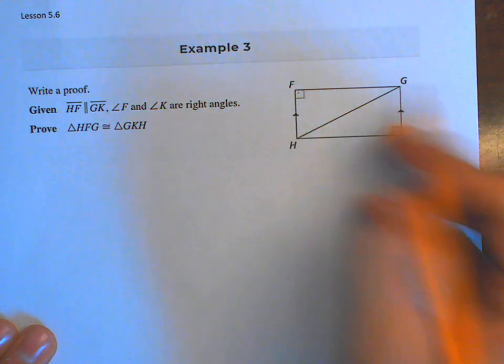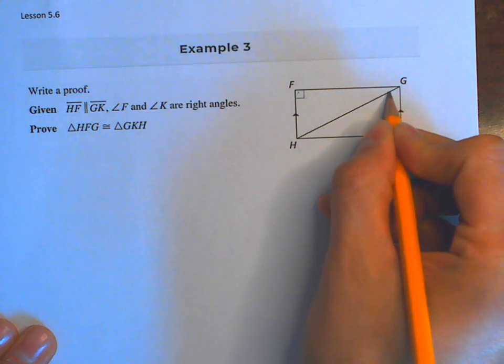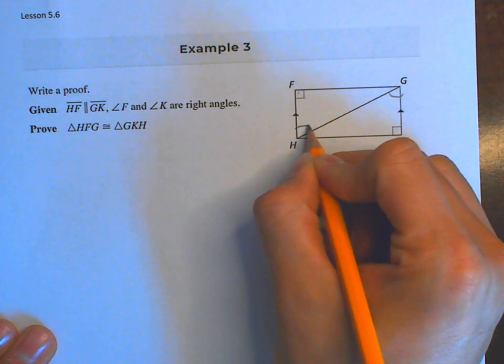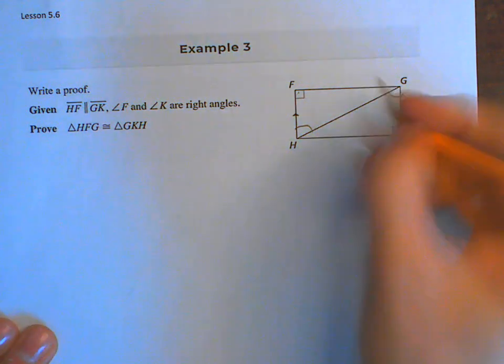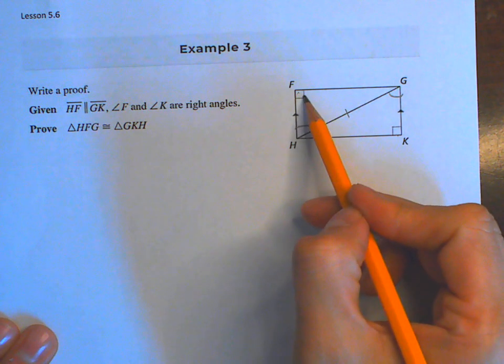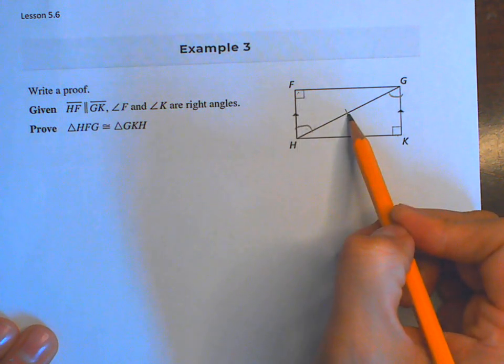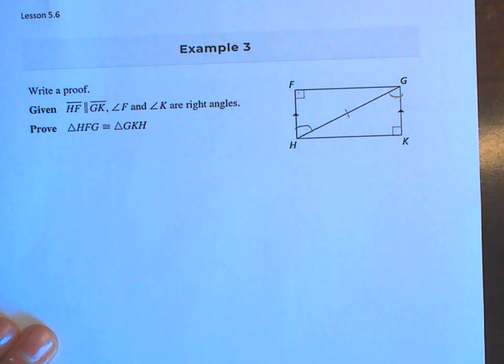These are parallel, therefore this angle here is going to be congruent to this angle right there. HG is going to be congruent to GH by the reflexive property of congruence, and therefore you are going to have angle, angle, side. Angle, angle, side. So that's going to be the reason why they're going to be congruent.